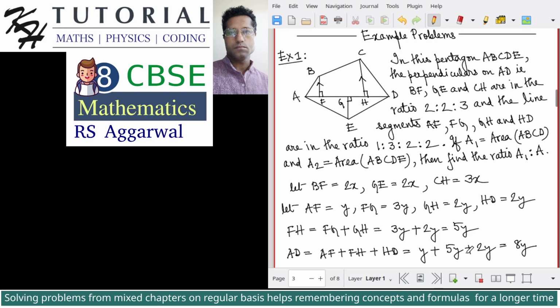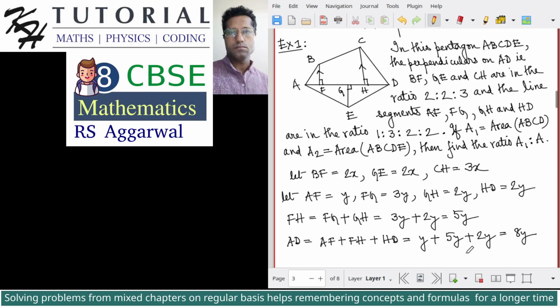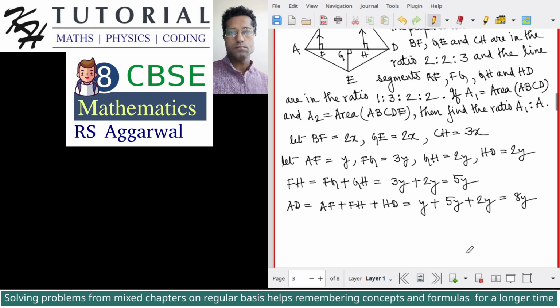Now remember that in the given problem, we need to find the ratio of the quadrilateral ABCD and the entire pentagon, that is ABCDE. So what is now the area?